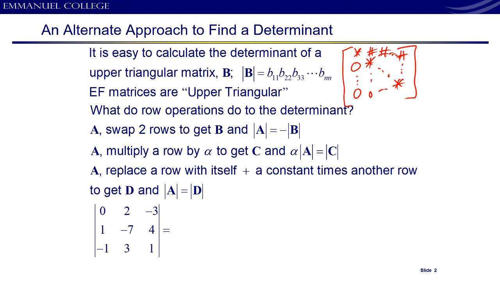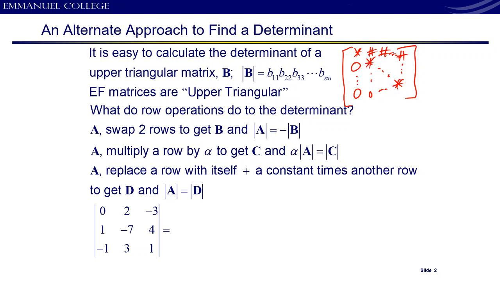Remember, I'm trying to find the determinant of this matrix. So what I want to do is get it in upper triangular form, which means I just need to row reduce it to echelon form. Now, I don't want a 0 on the diagonal. Remember, if you have a determinant that is 0, the matrix is not invertible.